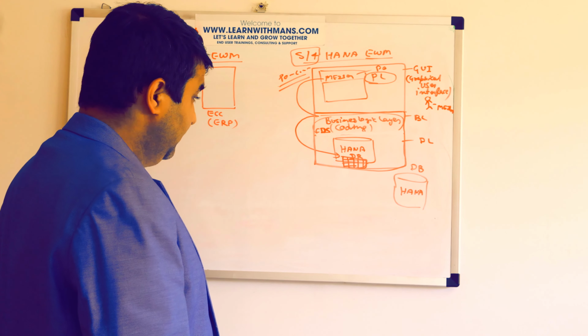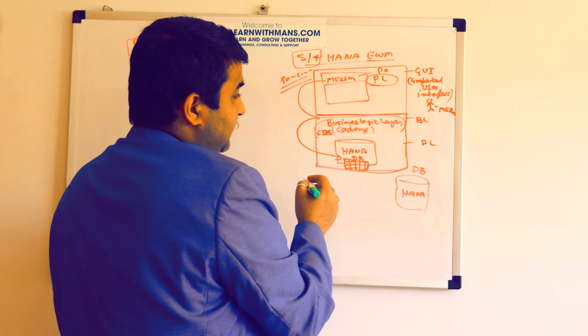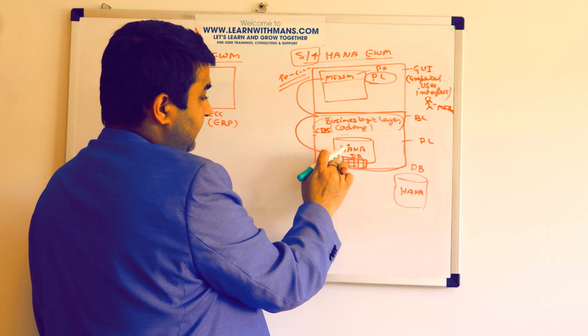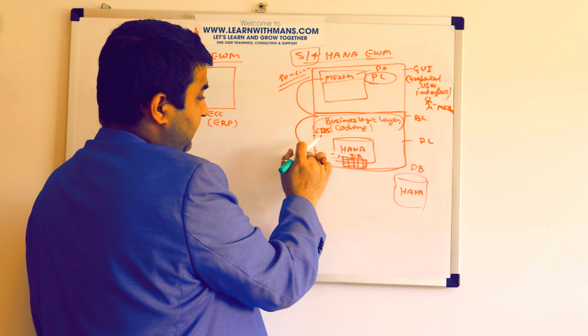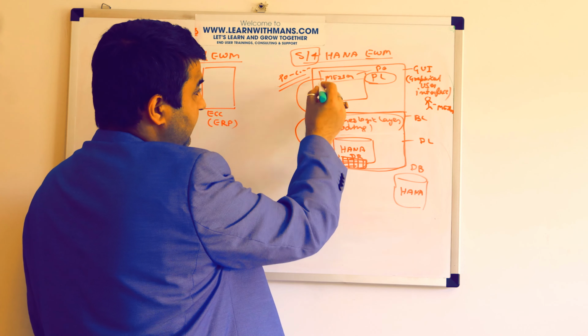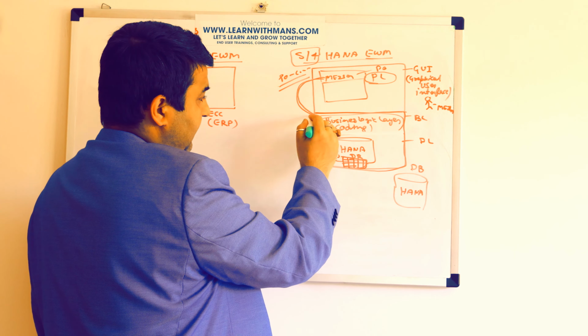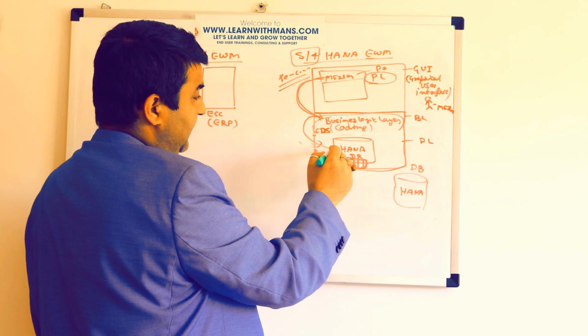So how many steps does the system need to follow to perform the process? I will show you. One step to create the purchase order, and it is saved into the database.